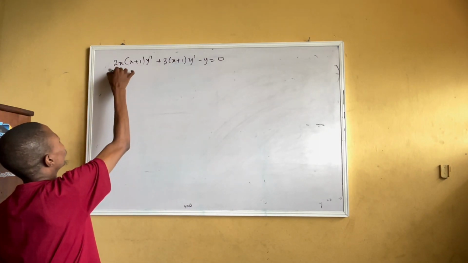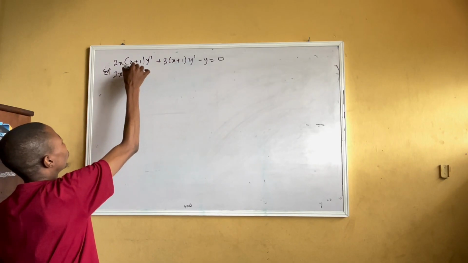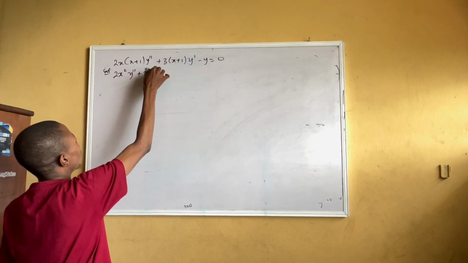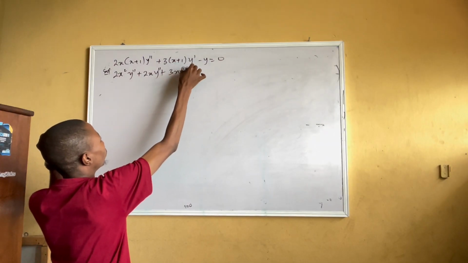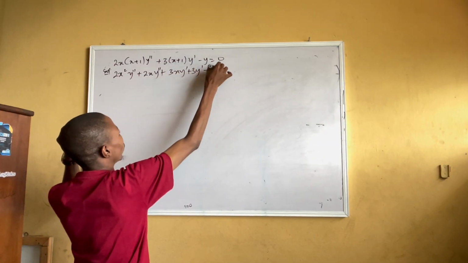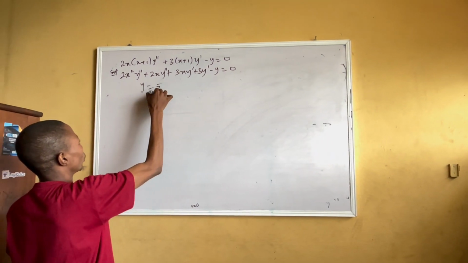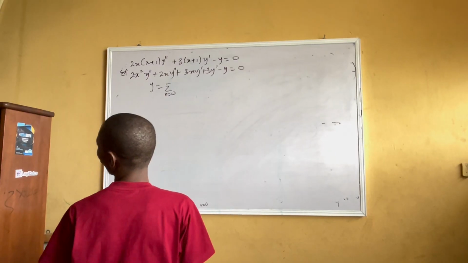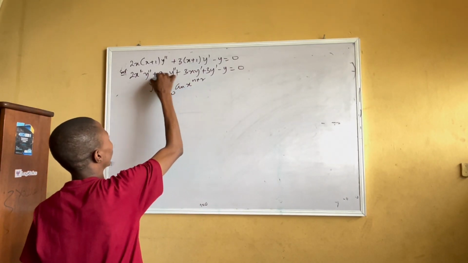Oh, this is 2x squared y double prime, right? Plus 2x y double prime plus 3x y prime plus 3y prime minus y equals 0. Okay, then you start by saying let y equals summation n from 0 of a n x raised to the power n plus r from 0 to infinity.